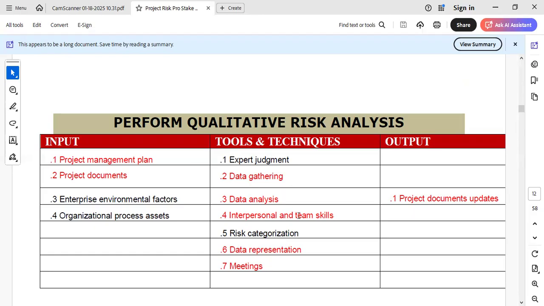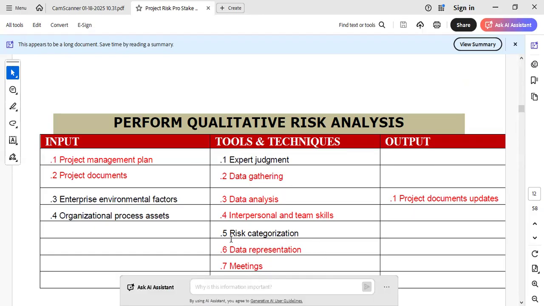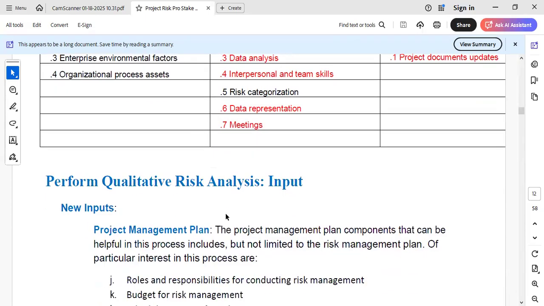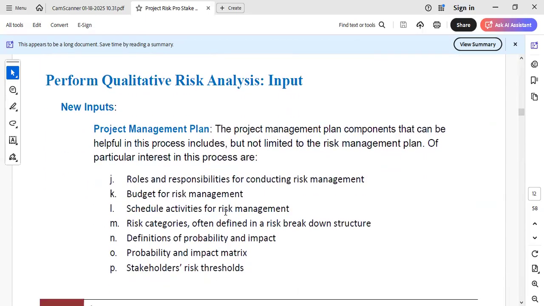So in this area, we can categorize the risks, like I told us about the categories. Categories may be according to phases. Categories may be according to functions, that is specialty. Different kinds. There could be financial risk. You may be looking at the roles and the responsibilities.